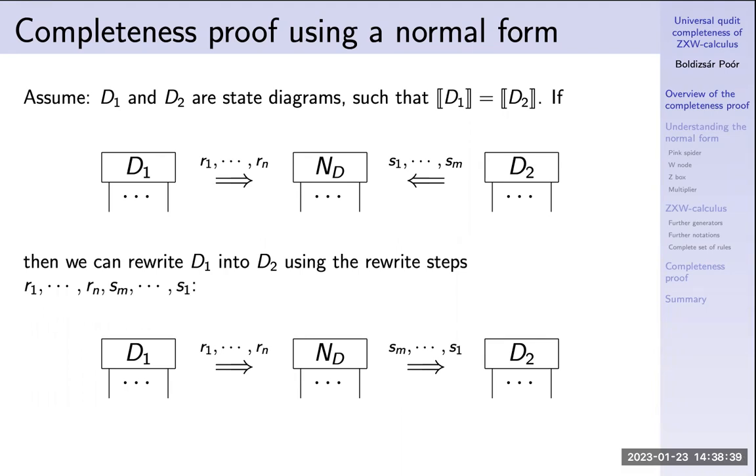So we transform both diagrams to this normal form, and therefore we know how to rewrite D1 into D2: we go from D1 to the normal form, and from the normal form we go to the other diagram by reverting the rewrite steps. That's the general idea of a completeness proof that uses normal forms.